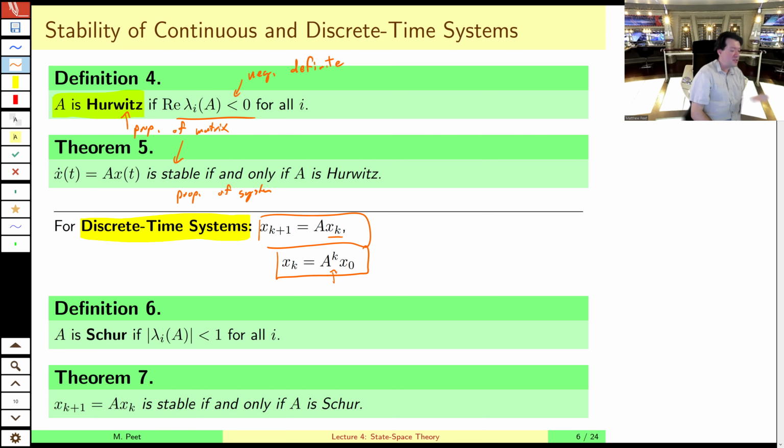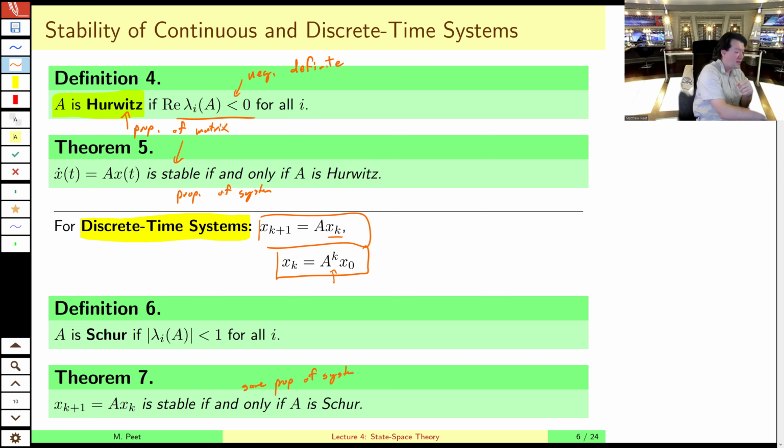However, for discrete time systems, the property of the system is the same. Essentially, all the solutions go to 0. But in discrete time, the property of the representation is very different.